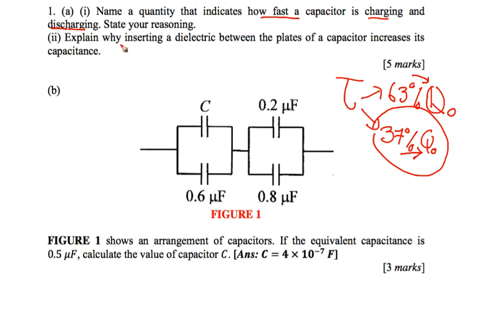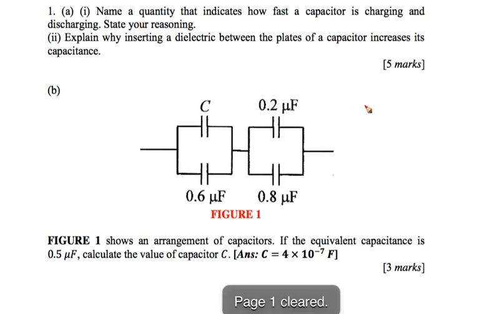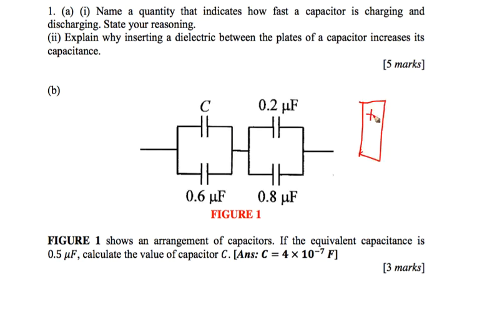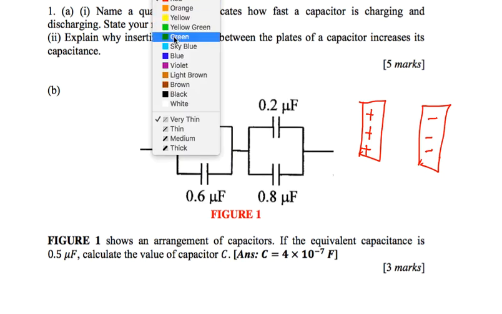Number 2, explain why inserting dielectric material in the capacitor increases its capacitance. Let's say you have a 2-plate capacitor. This is a positive plate, and this is a negative plate, and you insert the dielectric material between the 2 plates.